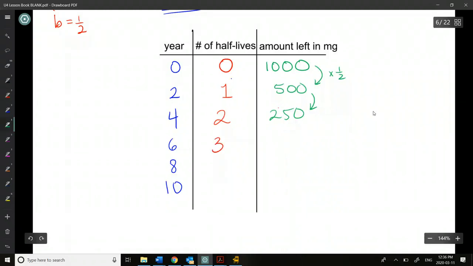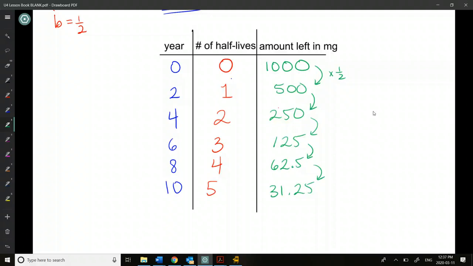And our 250 milligram sample becomes a 125 milligram sample. Okay, and so on. So after 8 years, 4 half-lives have happened. After 10 years, 5 half-lives have happened. So we'll continue to cut in half here. So here we get 62.5, and then 31.25 after 10 years.